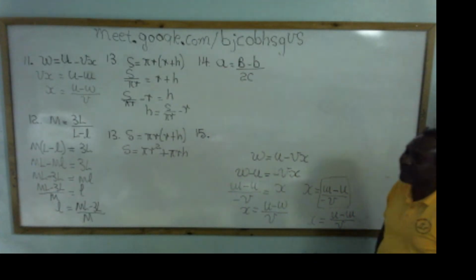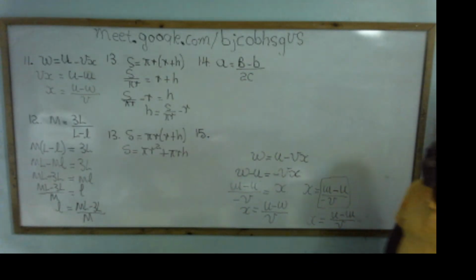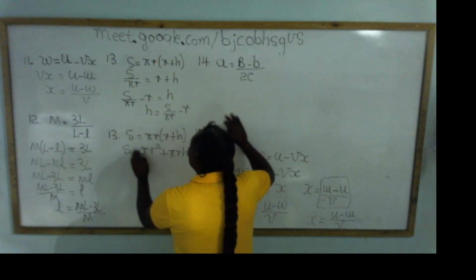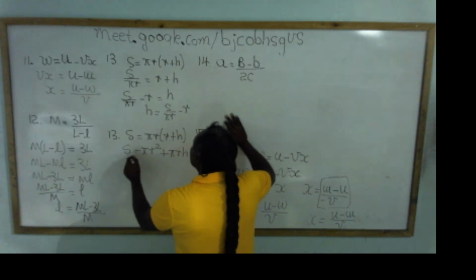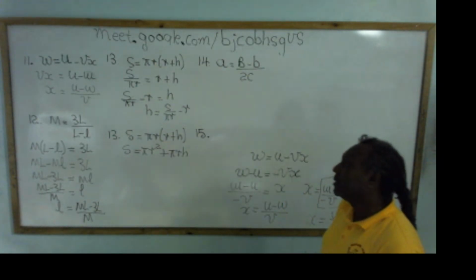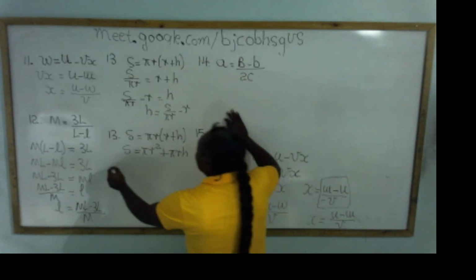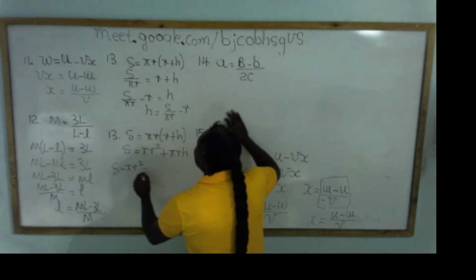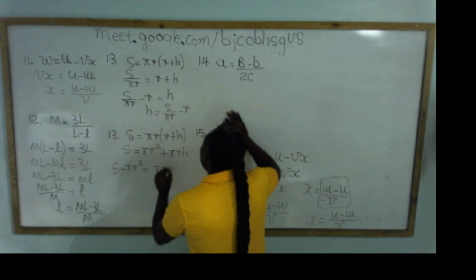And of course, since we have been solving problems earlier on, you know exactly what to do with this. To eliminate the pi r squared. So what do you say? S minus pi r squared is equal to pi r h.